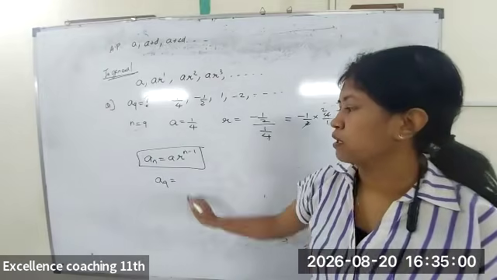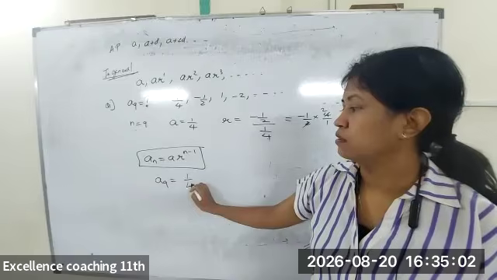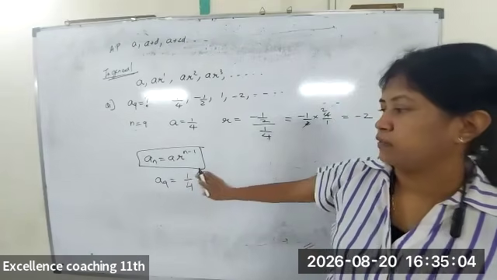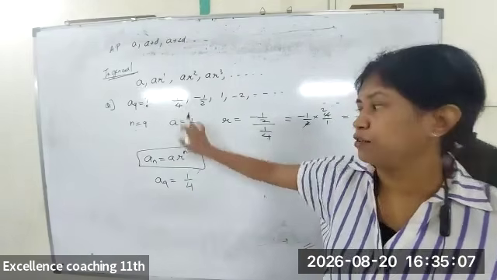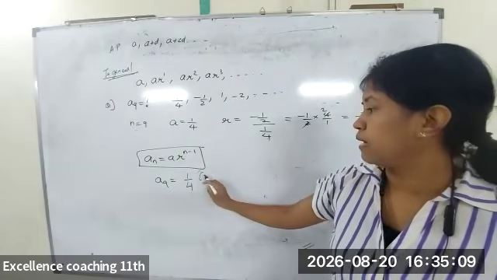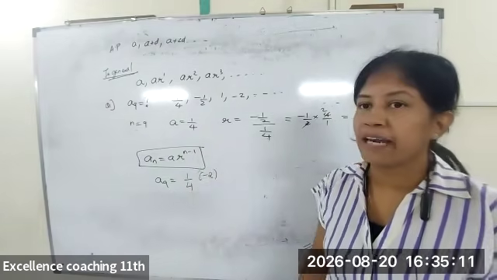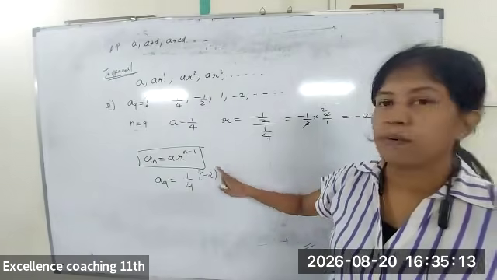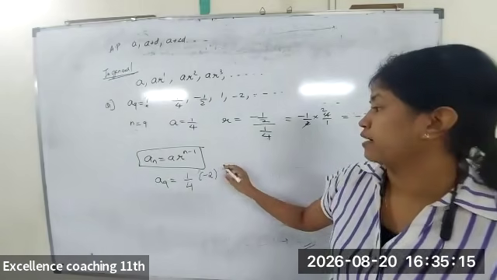First term is, here you have to pick the first one only. Here you don't have a check. R is minus 2. Always use a bracket, because it depends on this power whether it will become positive or negative.